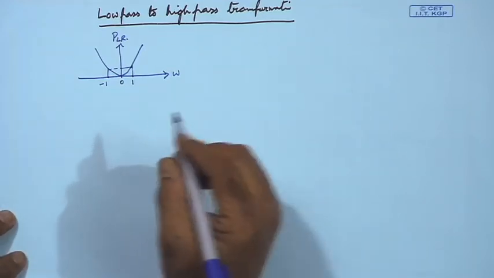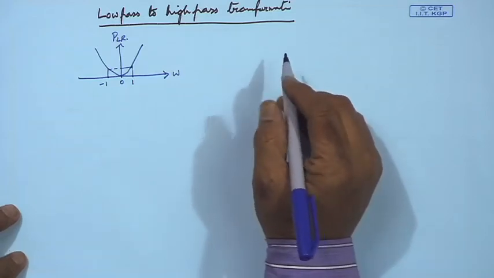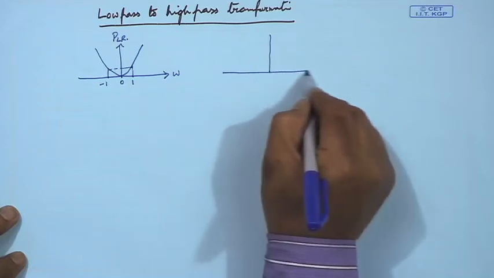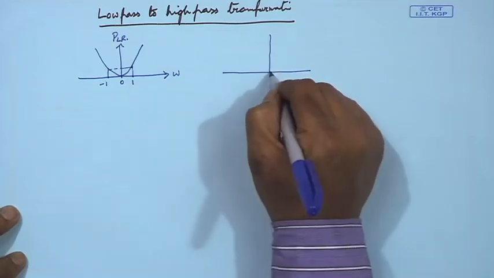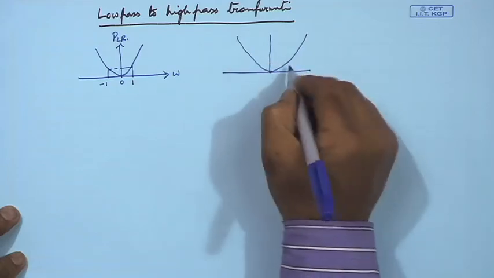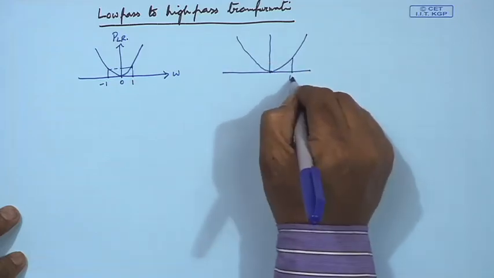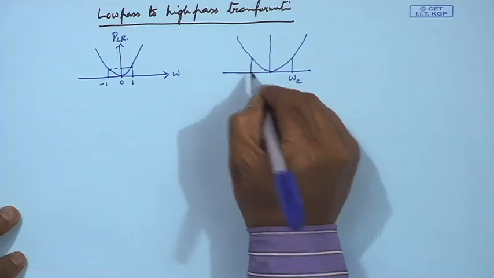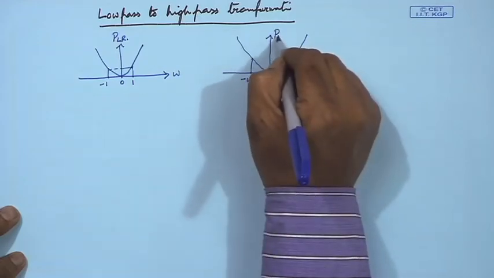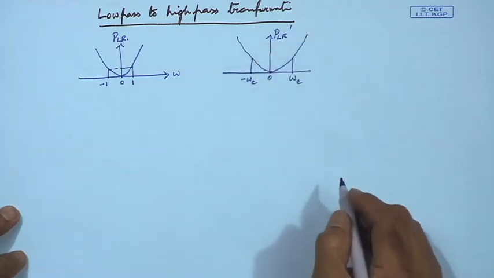Now, if we want to make this characteristic like this, that instead of 1, I want to make it omega c and minus omega c, this is 0, this is the new PLR dashed.